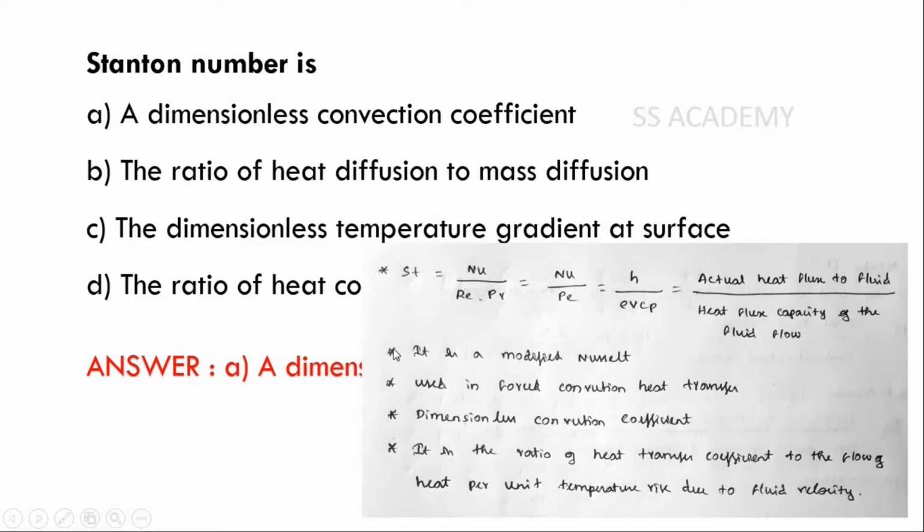Generally you can define it as a modified Nusselt number, used in forced convective heat transfer. That is very important. So Stanton number is used in forced convection heat transfer. It is a dimensionless convection coefficient. It is a ratio of heat transfer coefficient to the flow of heat per unit temperature rise due to fluid velocity. So these are all very important points related to Stanton number.